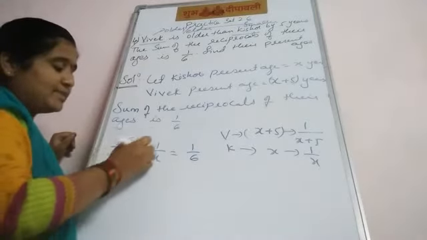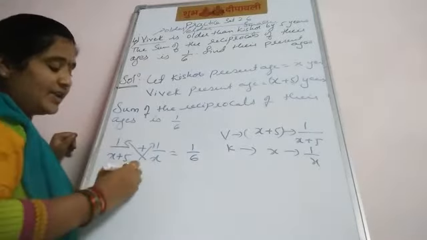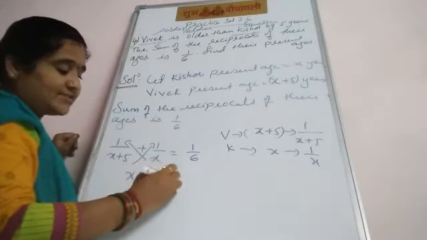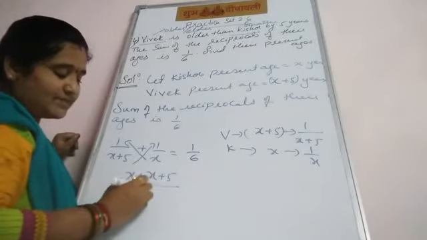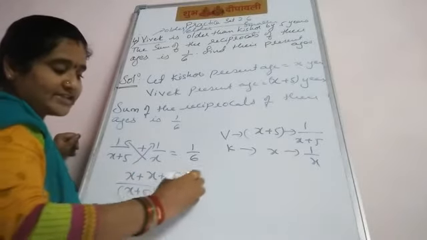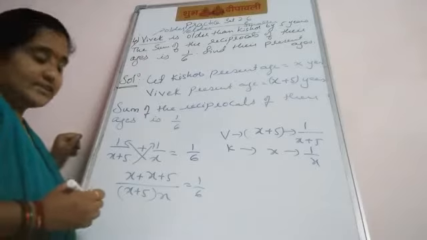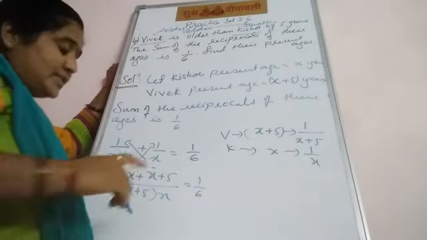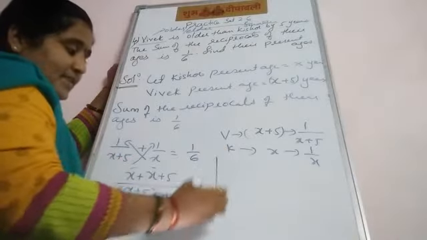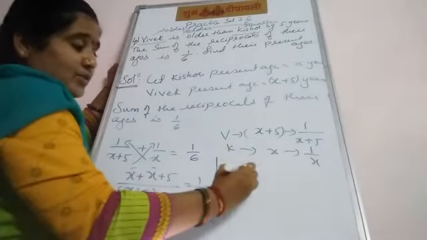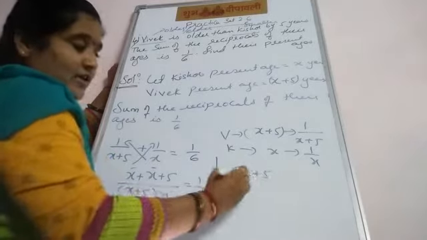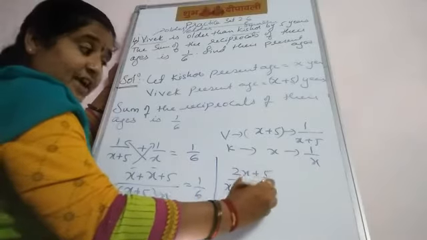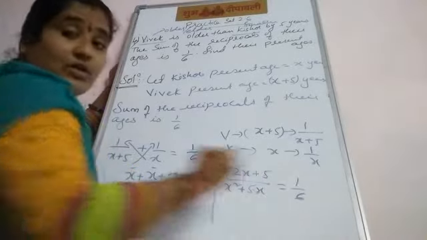Here cross multiply: 1 into x plus 1 into x plus 5, upon x plus 5 into x, equal to 1 upon 6. These are like terms, x plus x is 2x. So 2x plus 5 upon x square plus 5x equal to 1 upon 6.